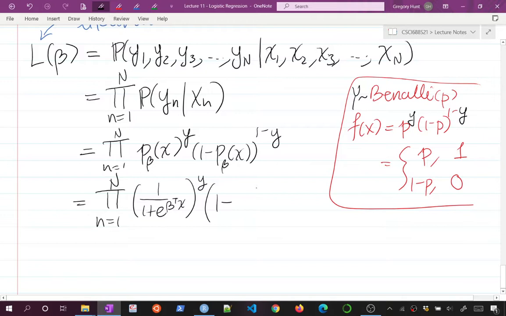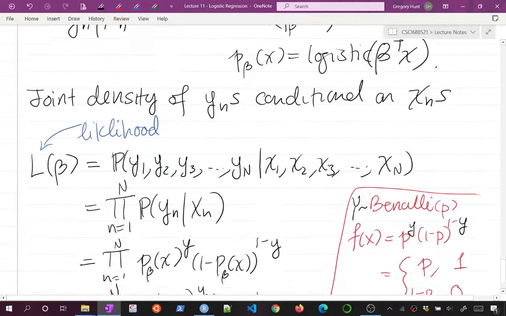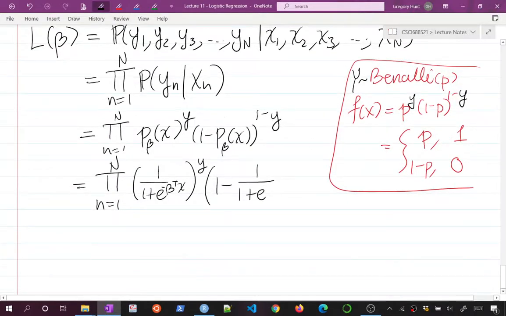So we can even write it as 1 minus 1 over 1 plus e to the... Did I write this logistic function correctly? There should be a negative in here. I always do that. Don't forget your negatives. The logistic function itself has a negative, so that goes there. And then this is to the 1 minus y. Of course, it's y sub n in our product here.